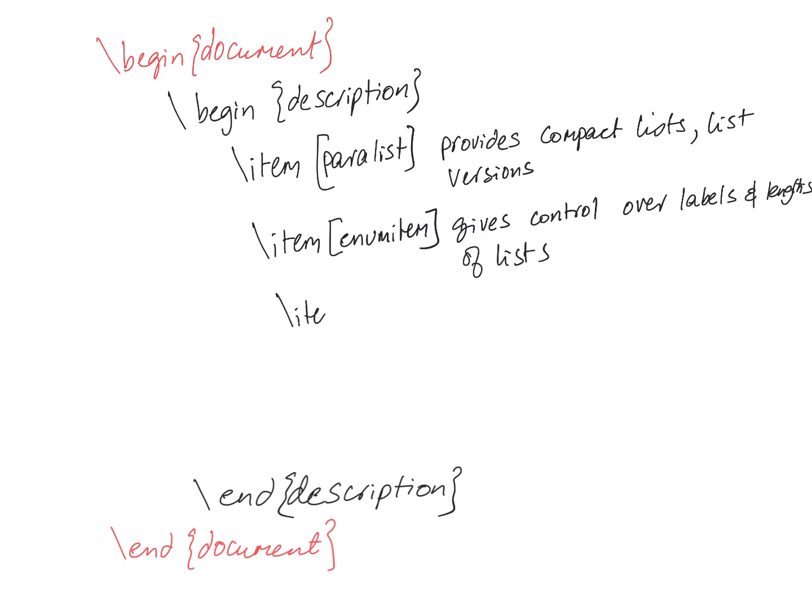Then if we add item, MDW list, customize description lists. Try this code, see how it works.